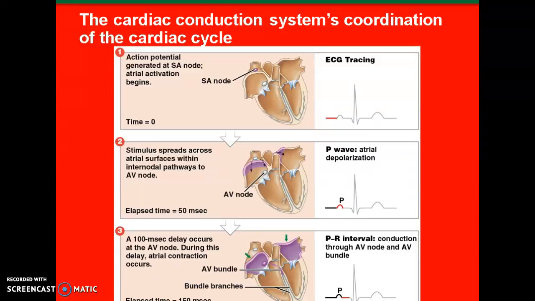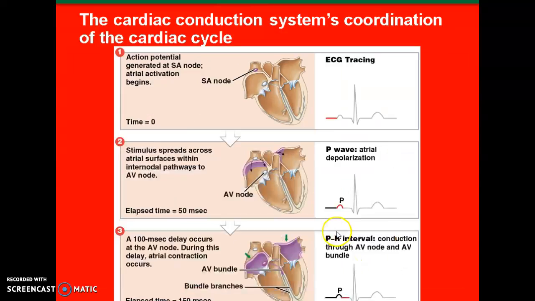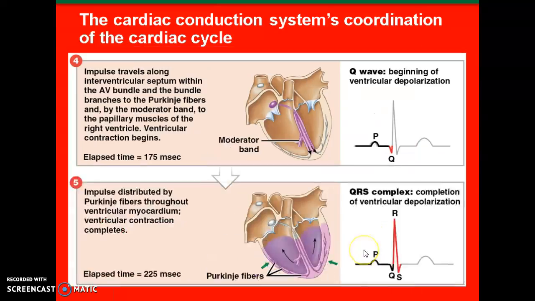On the ECG tracing, the P wave is the atrial depolarization, and the PR interval is conduction through the AV node and the AV bundle. The impulse travels along the interventricular septum, along the bundle branches to the Purkinje fibers, and ventricular contraction will begin.